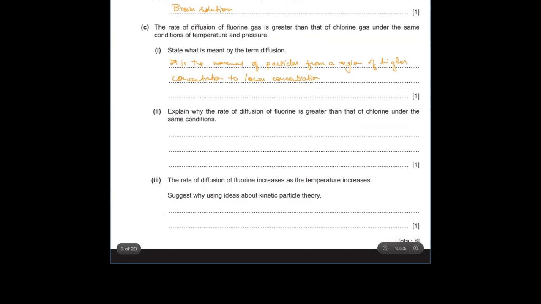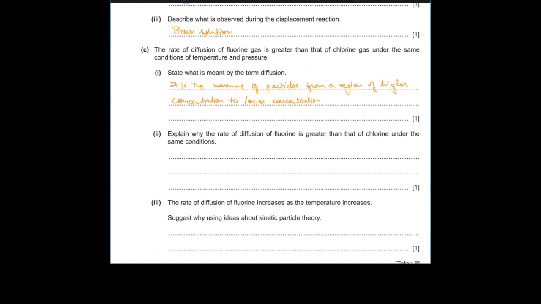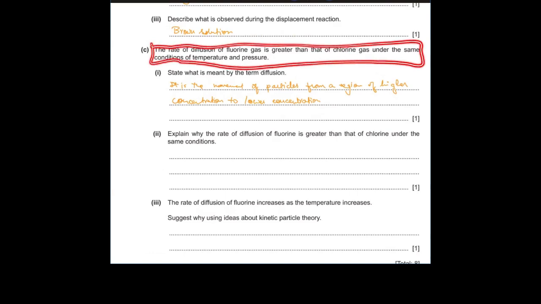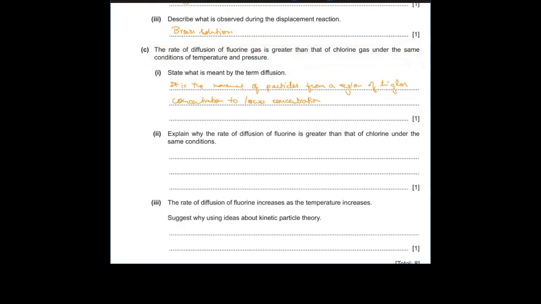Explain why the rate of diffusion of fluorine is greater than that of chlorine under the same conditions. For this question, I'll suggest a relationship, and using that, you can easily answer any such question of the same type. But before that, let me tell you that here we have been told the rate of diffusion of fluorine gas is greater than that of chlorine gas under the same conditions, temperature and pressure.